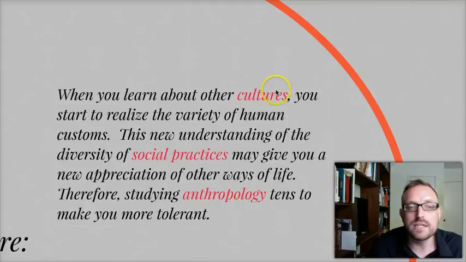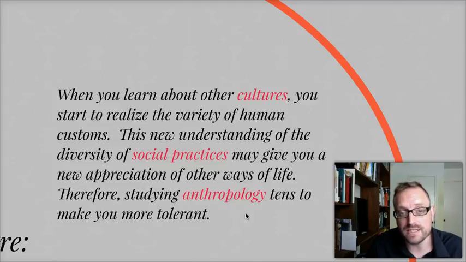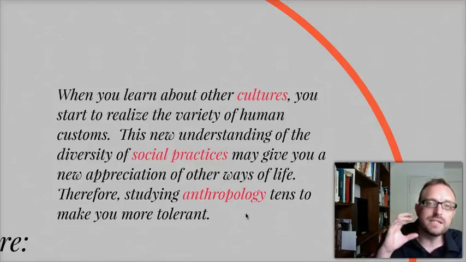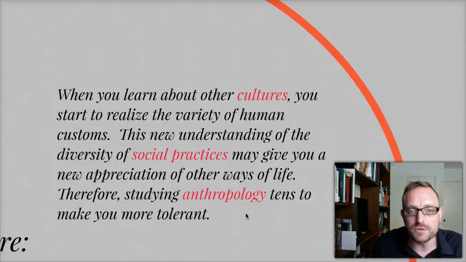Now notice here that the first statement's talking about cultures, the second one's talking about social practices, and the third is talking about anthropology. Now it's clear that when you're talking about cultures, you can also talk about social practices of those cultures. And when you're talking about anthropology, you can also be talking about culture, but remember that not all discussions of culture are anthropological. And so you can see here that because there are three different terms being used, what we really have are three different statements that don't quite connect together.